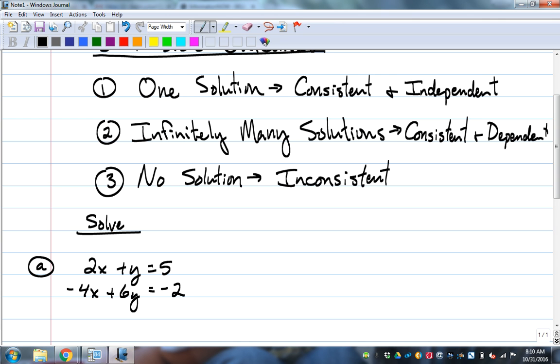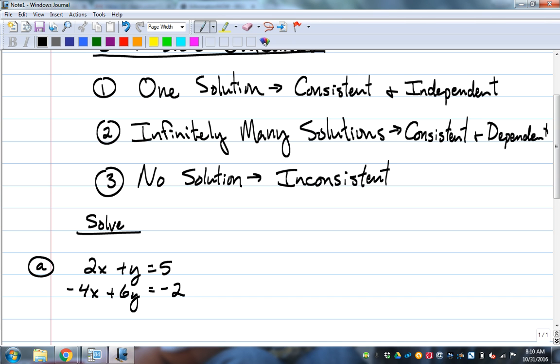You could multiply the top one by positive 2, and you could get the y's to eliminate with elimination if you wanted to, and then you get something for x, and then plug that back in, get y. With substitution, you could solve the first one for y and plug 5 minus 2x in the place of y right there and get an equation that just has an x in it. So that was another option that we learned to solve that system of equations.